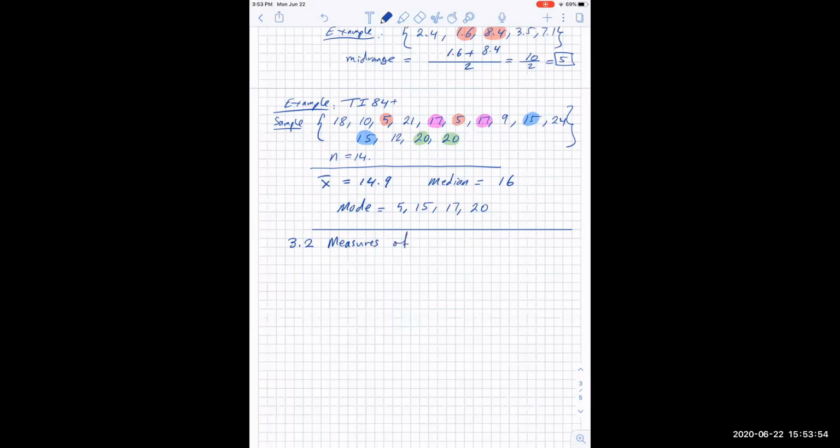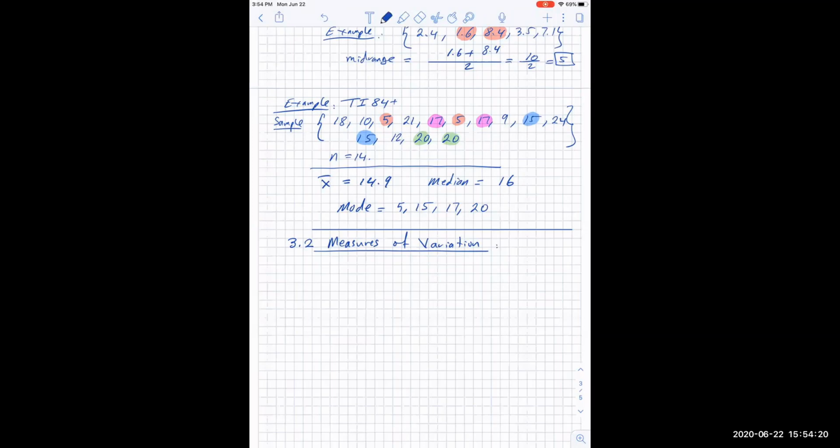Measures of variation. So in the previous section, we talked about different ways of describing the center of the data set. But now we're going to focus on another characteristic, another attribute of our sample.